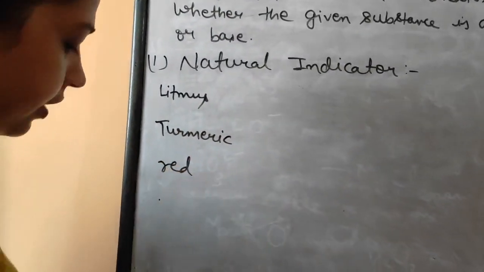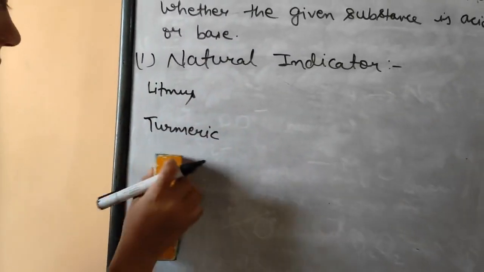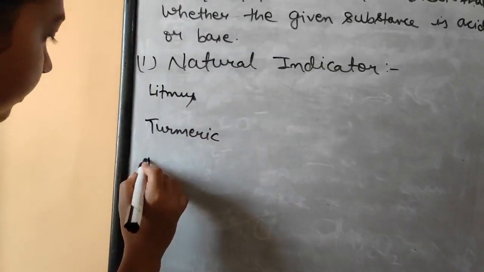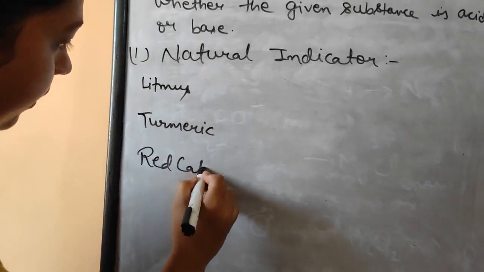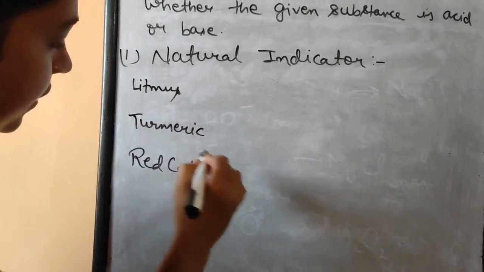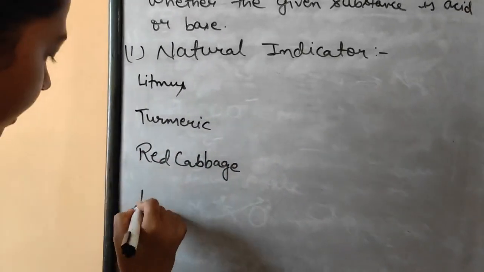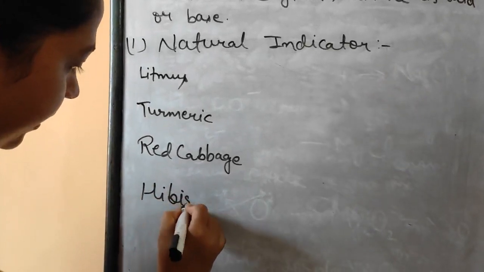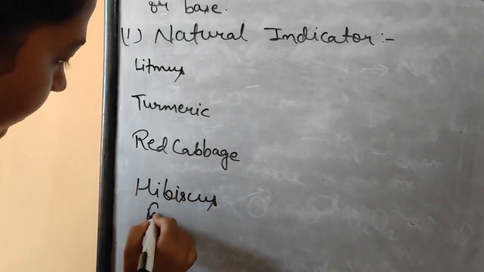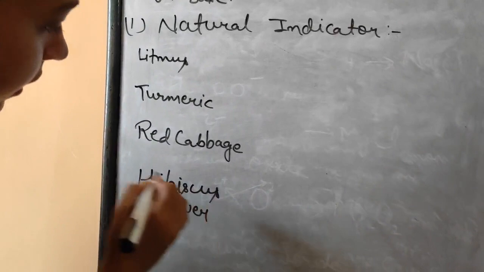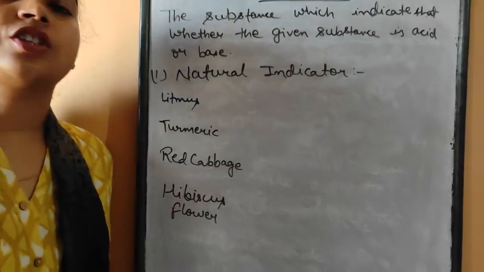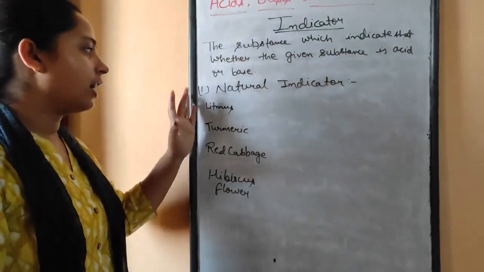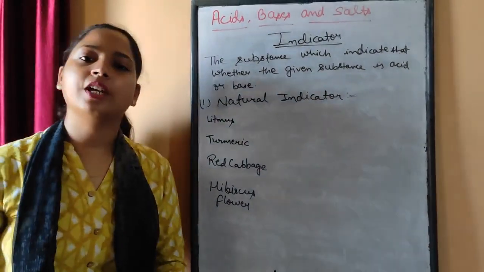Then we can have red cabbage. Hopefully you have seen the red cabbage. Then hibiscus flower, in common terms we call it China rose flower. So these are some natural indicators which we have.